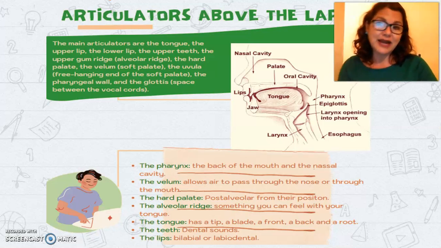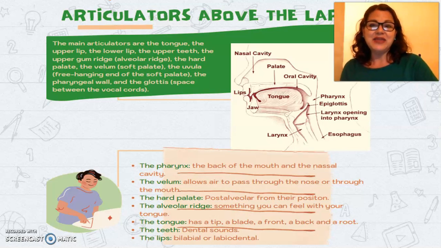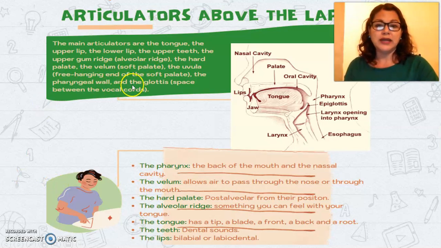Articulators above the larynx. The main articulators are the tongue, the upper lip, the lower lip, the upper teeth, the upper gum ridge or alveolar ridge, the hard palate, the velum, the uvula, the pharyngeal wall, and the glottis.